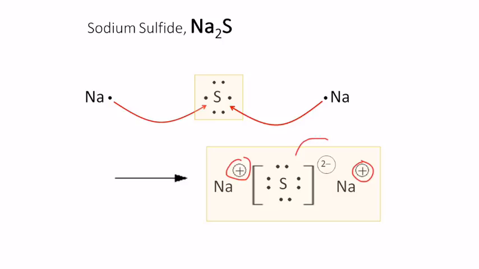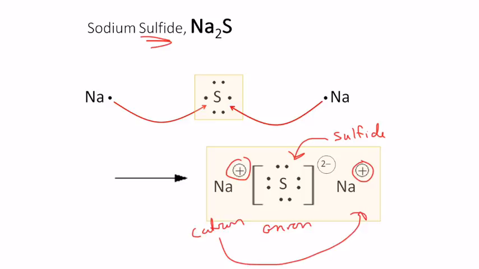That sulfur, which now changes from sulfur to sulfide, IDE, that's why we call it sodium sulfide, is going to be a -2 anion. And here we have our two cations.